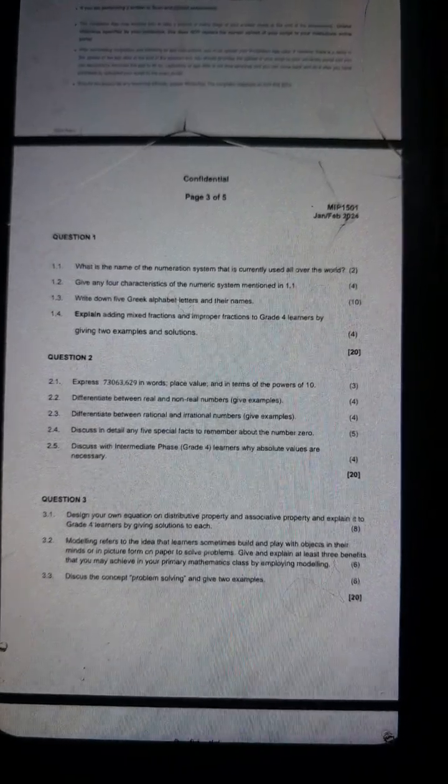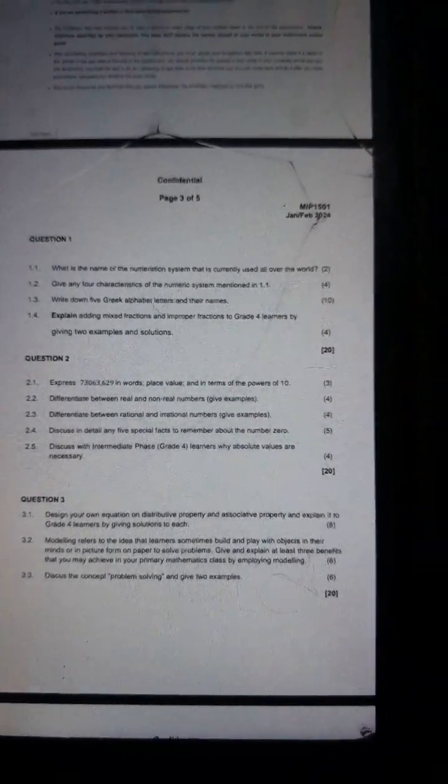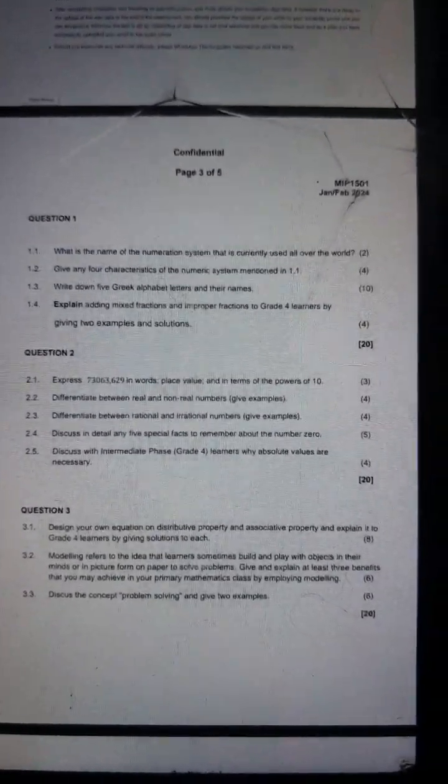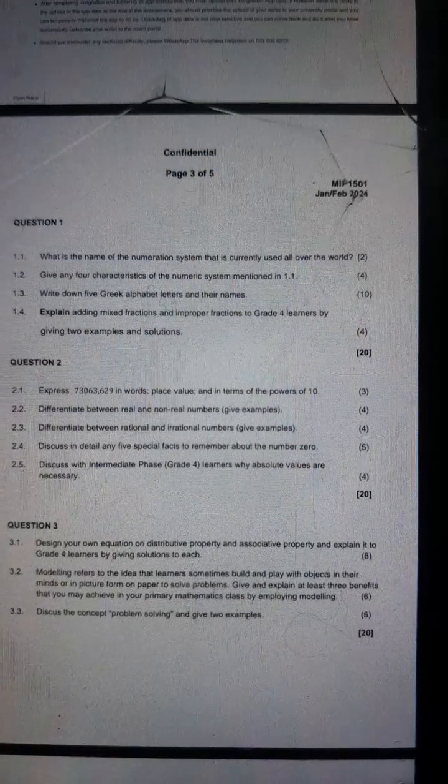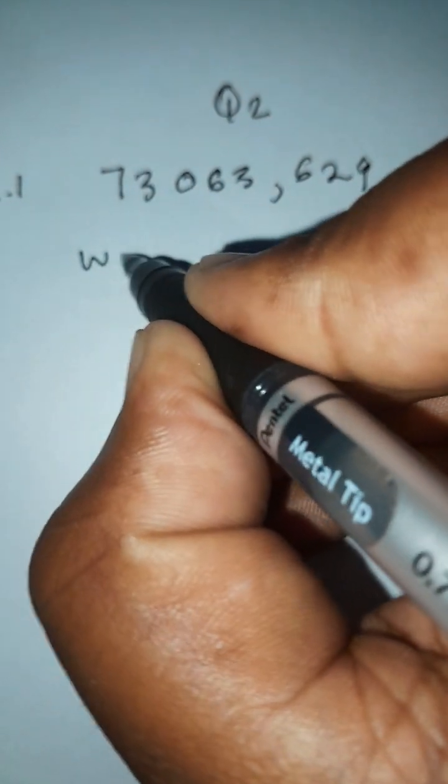Let us put it in expanded form, then we'll put it in place value and in terms of powers of 10, right? Okay, let's put that into practice. So remember, we're at 2.1. We have to put 73,063.629 in expanded form.